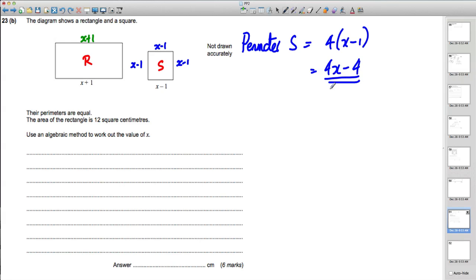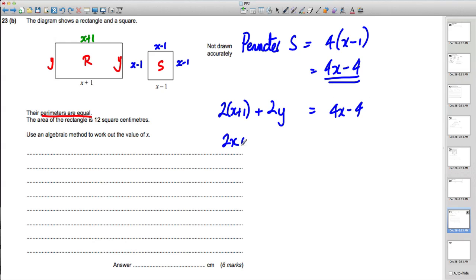That's the perimeter. Now, you don't know this length here. I'm going to call that y, and you don't know that length y, but you know that these must add up to the same thing as this because the perimeters are equal. So you could say that 2 lots of x plus 1, plus 2 lots of y, must be equal to 4x subtract 4.